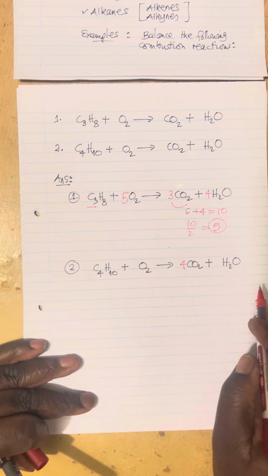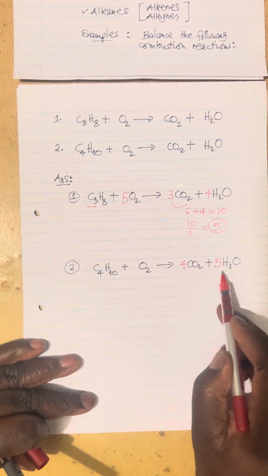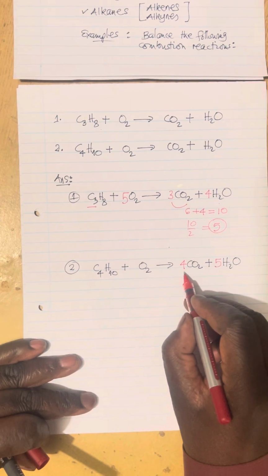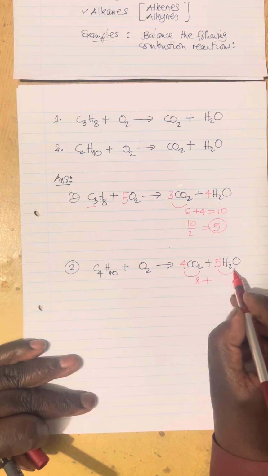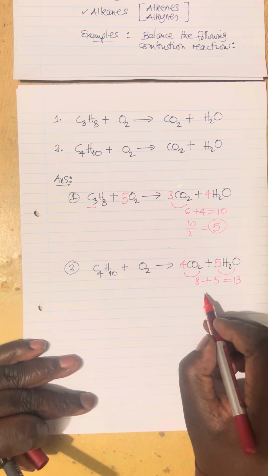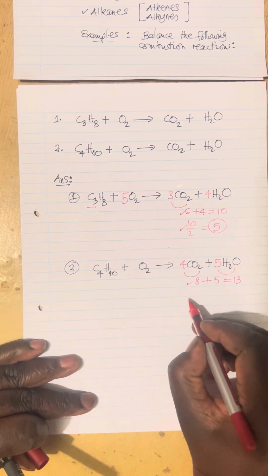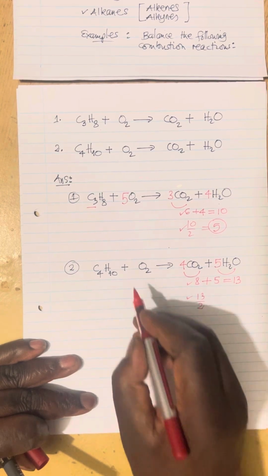We need a 5 here to make it 10 hydrogens, because 5 times 2 will be 10. For oxygens, like I said, we start from here. 4 times 2 is 8, plus 5 times 1 is 5. And the answer is 13. Remember, in our step number 1, number 2, we're dividing this number, 13, all over 2. Now this must come here.